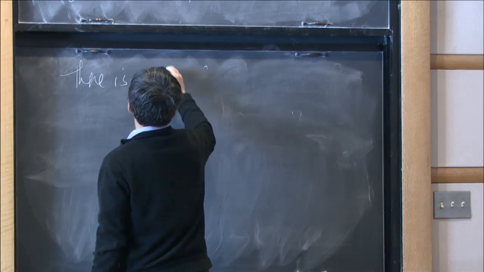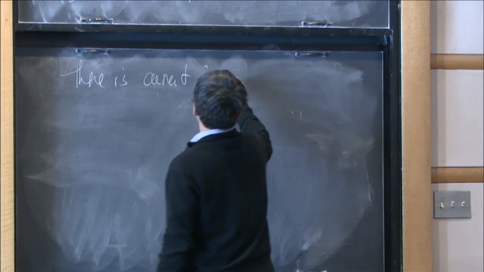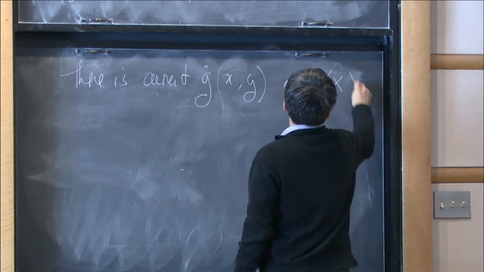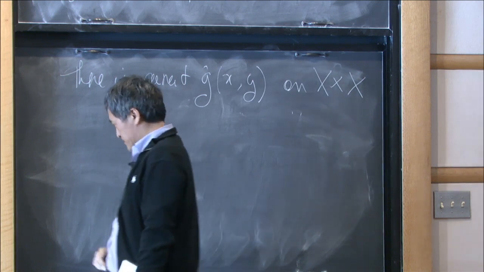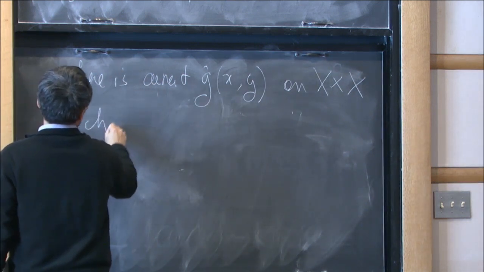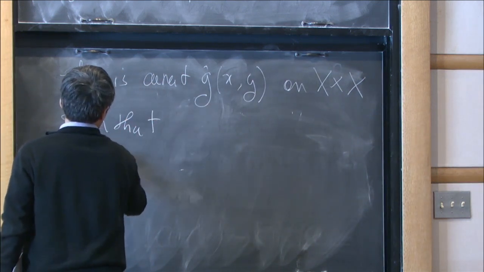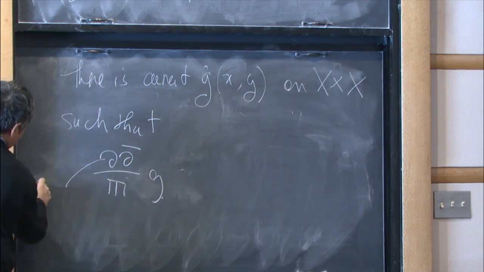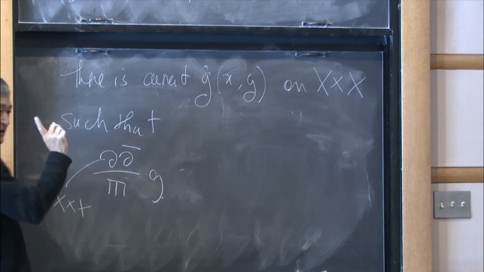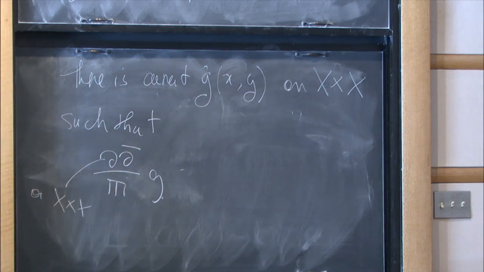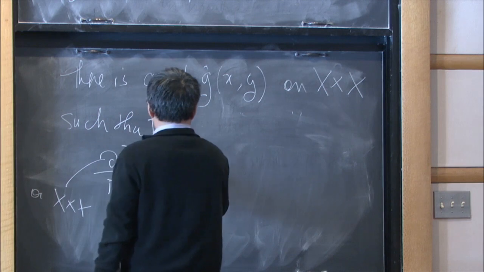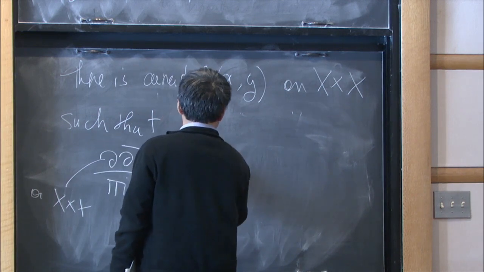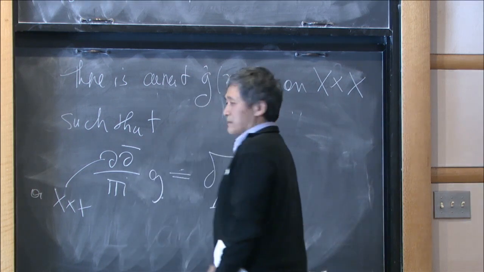There's a current G(x,y) on X cross X such that dd bar of G, where this d is on X cross X, it's not a one-variable, two-variable dd bar, equals delta diagonal current.